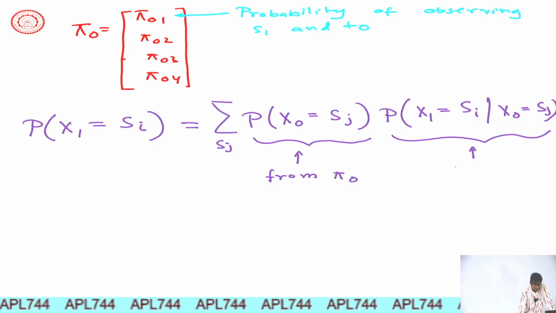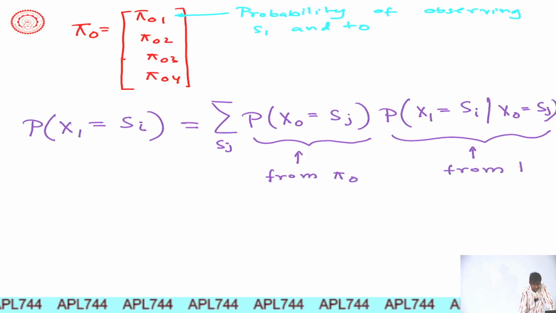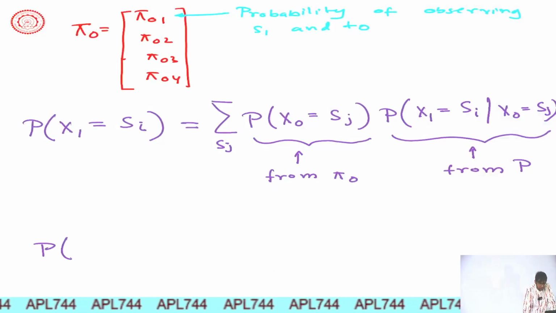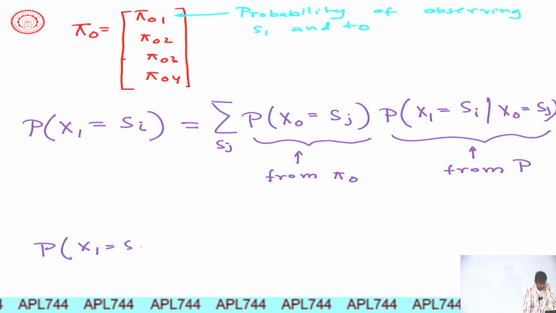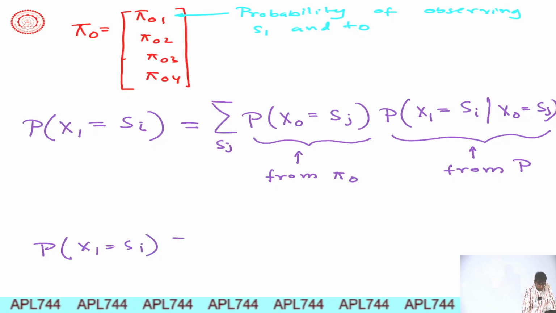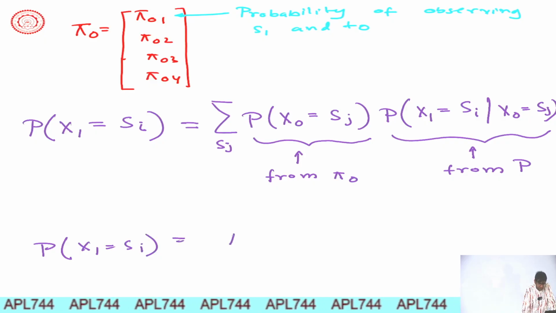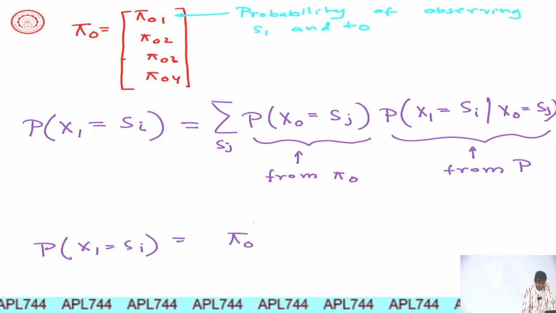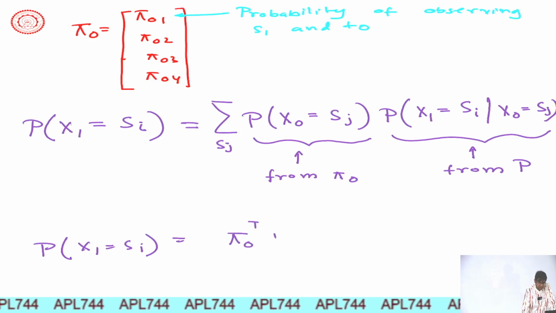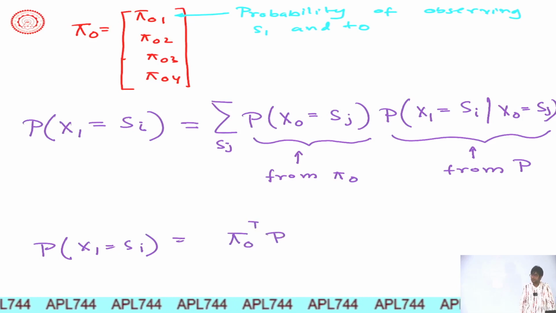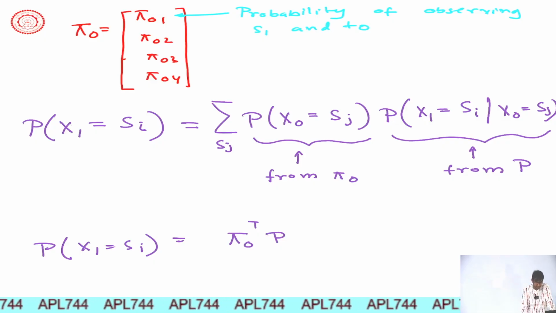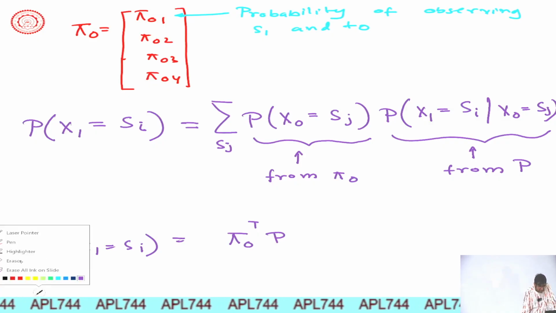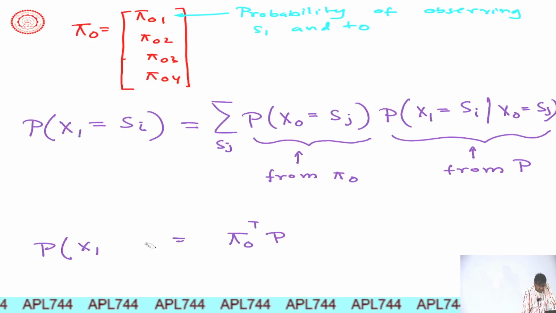This you will get from capital P. And finally, probability of x1 equal to Si will be equal to pi naught transpose times P. That's what you will do. This is what you will get.